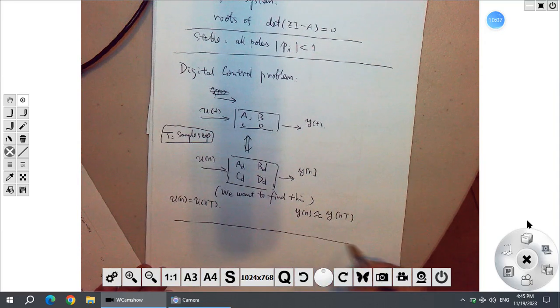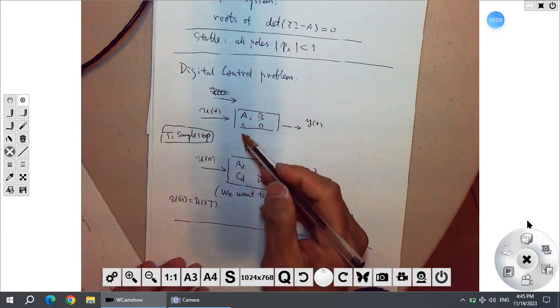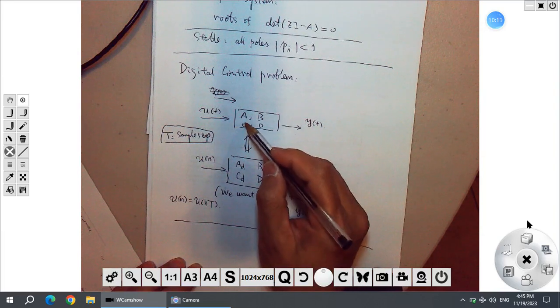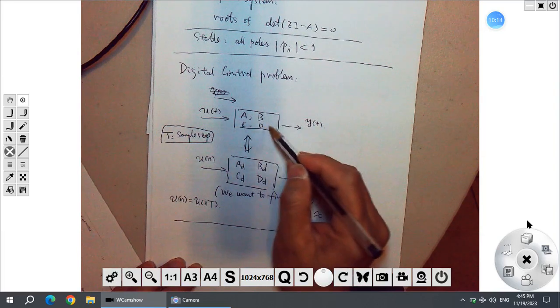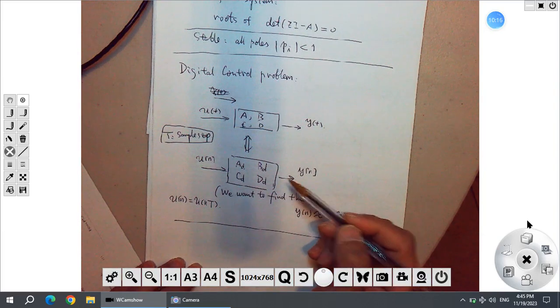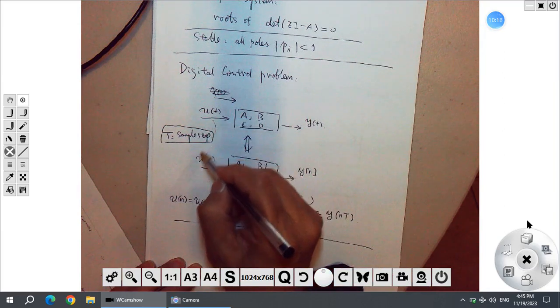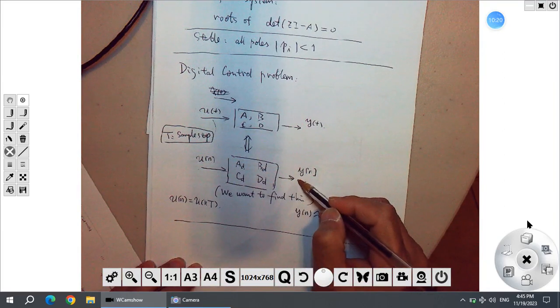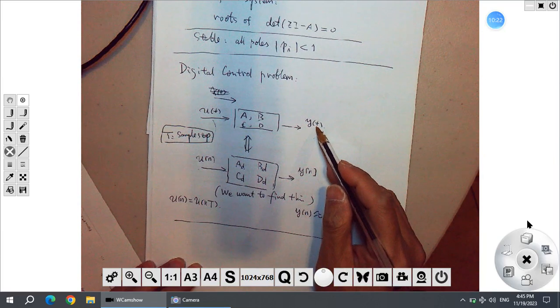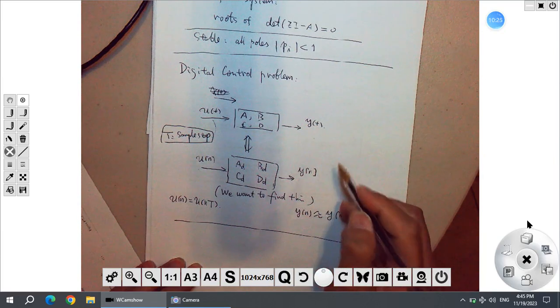So this is the digital control. We replace this continuous time system by a discrete time system, right? The u of t takes samples, we get u of n. After we have y of n, we can go back to have y of t, an approximation of y of t.